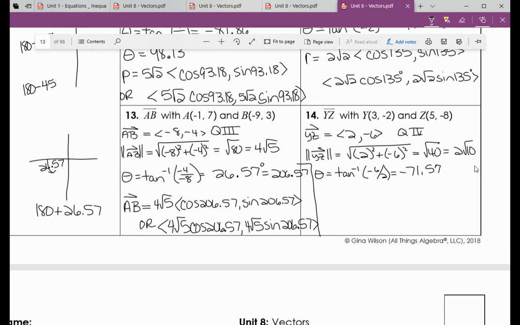Instead of going into third quadrant, I need to be in fourth quadrant. But I need the positive angle. So this time I'm simply going to take 360, subtract the 71.57, and that will give me a fourth quadrant angle of 288.43.